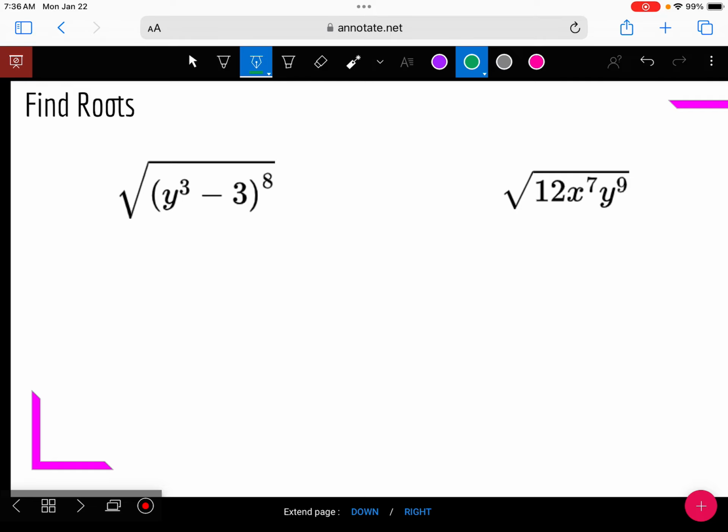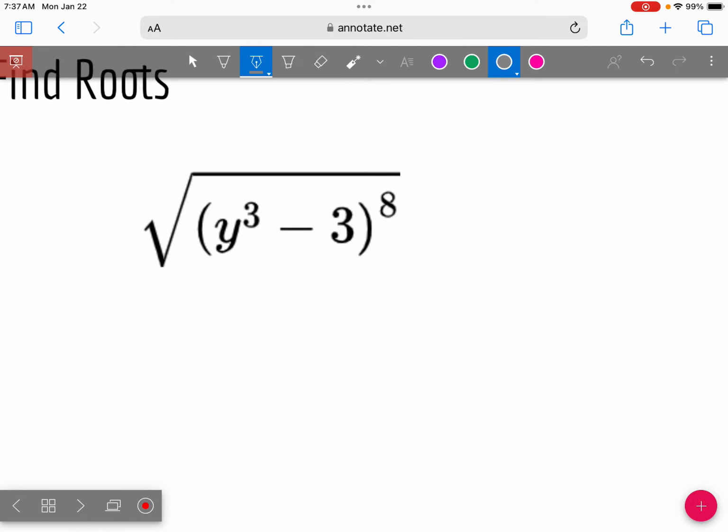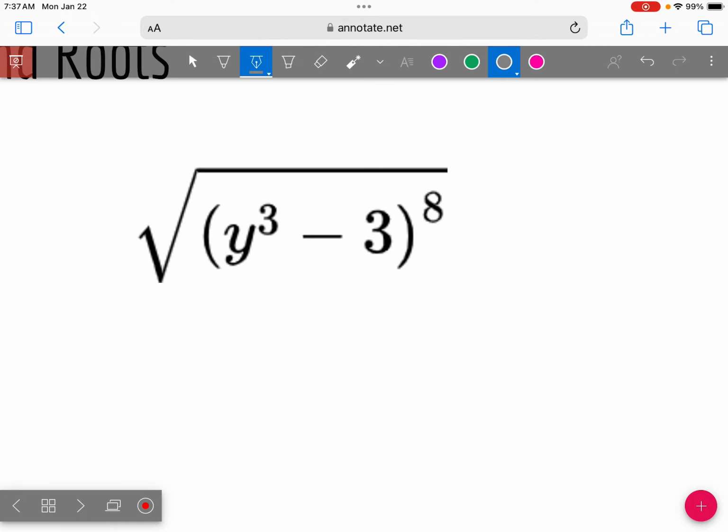So now I don't just have a square root and a square. I have a square root and a 2 to the 8th. So what we're going to think about is that piece that I was talking about a minute ago, where we take our index, in this case it's a square root, so my index is 2, and whatever my power is here, we're going to divide them.